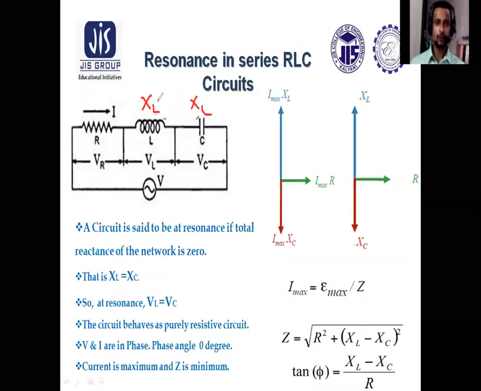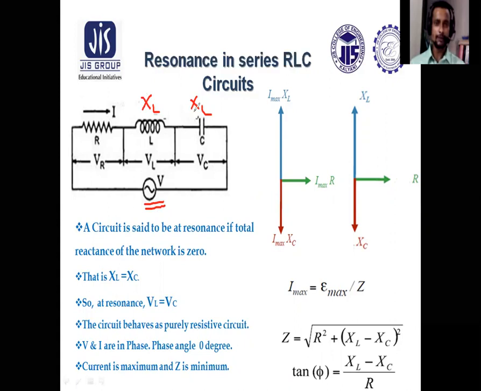If these two reactances become equal, then there will be no effect of this reactive part, and the circuit will be said to be at resonance. So what can we do? We can vary the frequency of the supply. By varying supply frequency, XL and XC will vary. So at a certain frequency, XL and XC will become equal.